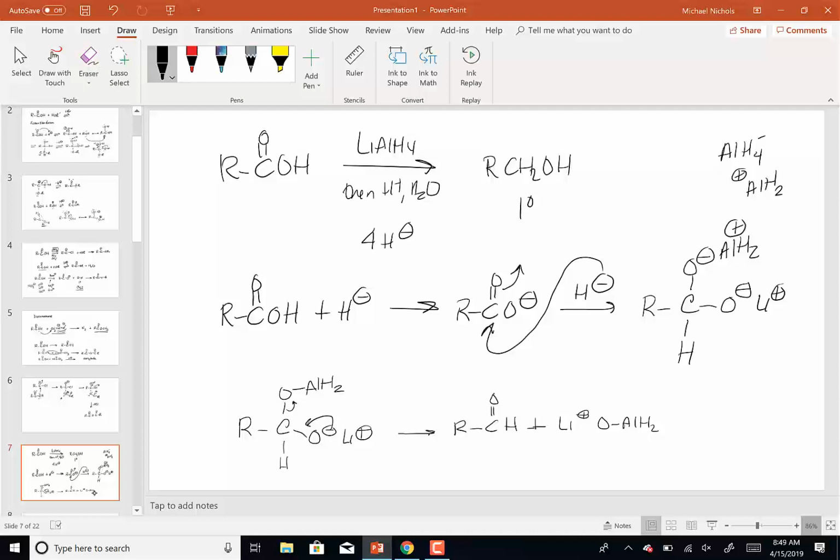My lithium aluminum hydride had up to four H minuses. I've used two. H minus number three now comes in and adds to the aldehyde to form a primary alkoxide.